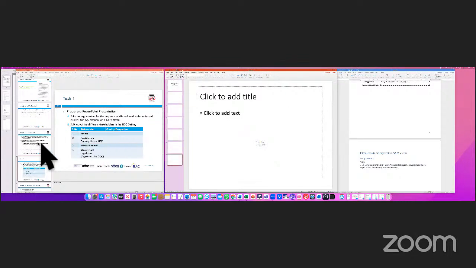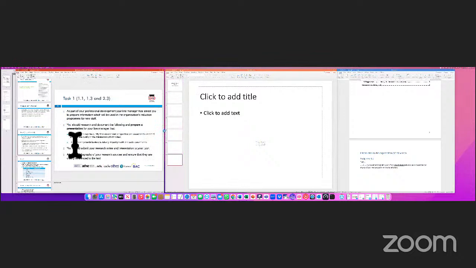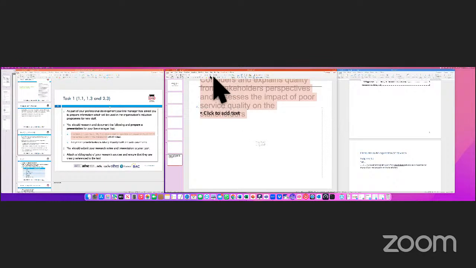The first part of the task talks about essentially this bit, so I'm going to put this here and minimize some of it. This would cover assessment criteria 1.1, which is to consider and explain quality from a stakeholder's perspective.